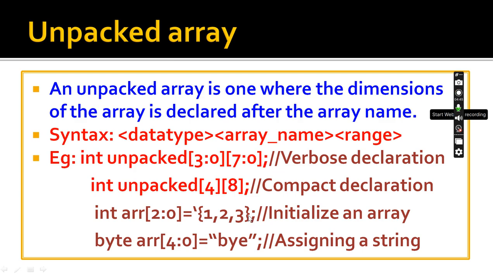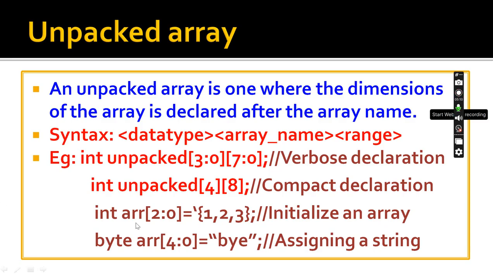And we can initialize an unpacked array in this way. We have taken 3 elements, so I am initializing them as 1, 2 and 3. And we can also assign a string to an unpacked array. Here I have considered a byte array [4:0], and the string I am assigning into this array.